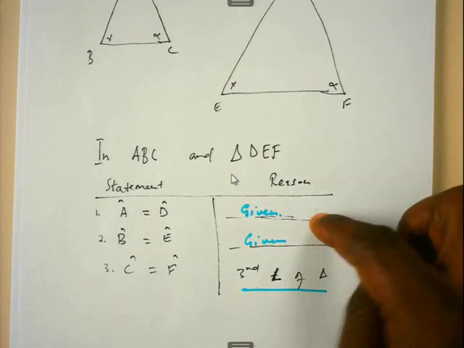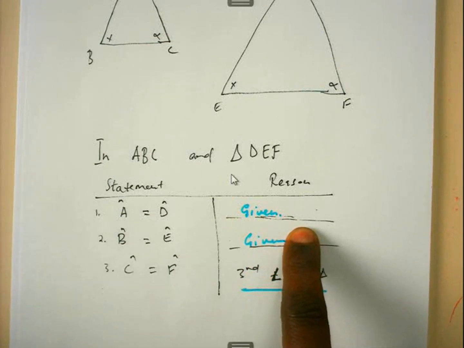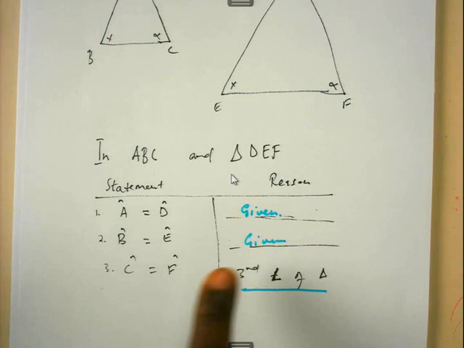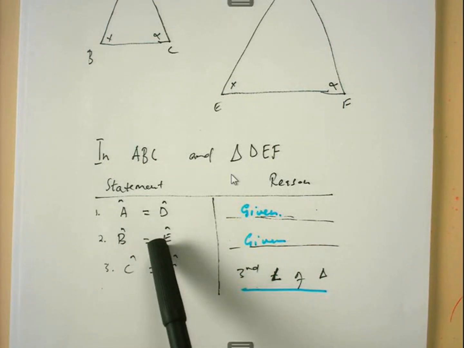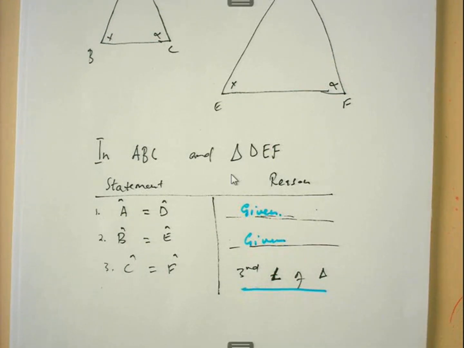But it's important that when you say the two angles are equal, you must write the reason. But basically, if the first two angles are equal, obviously the third angles should be equal to each other. That's why we say third angles of a triangle.